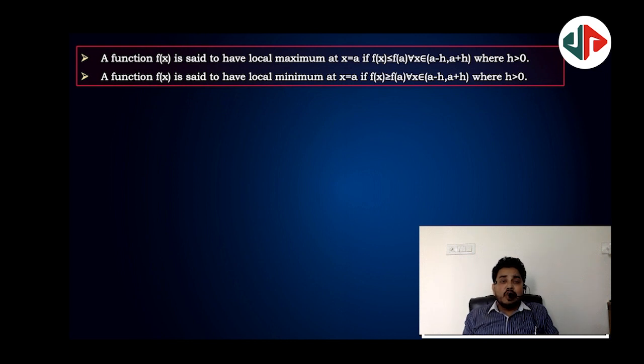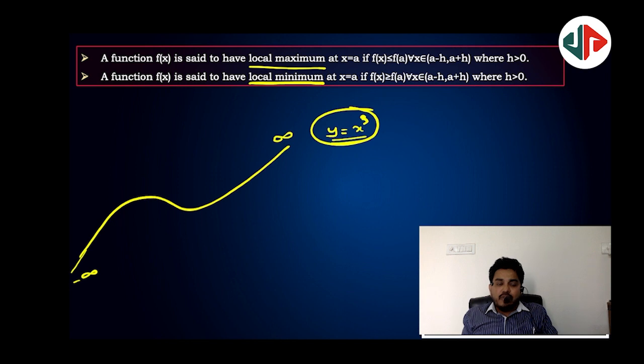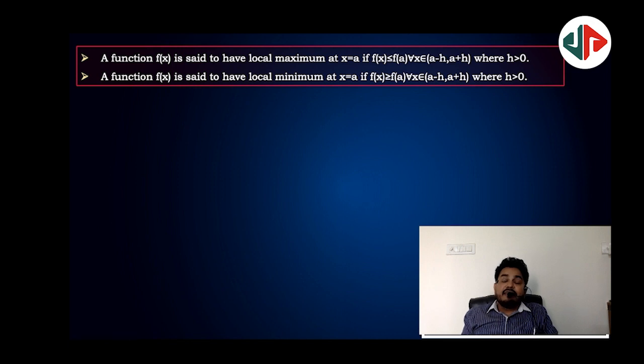Now, what about this local maximum and local minimum? Look here, if I take a function like this, y is equal to x cube. There is no minimum, there is no maximum because minimum is minus infinity, maximum is plus infinity. So let me take, I have taken a wrong example because the inflection is there.